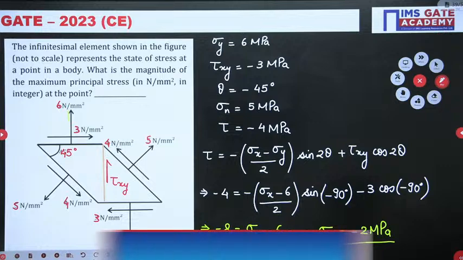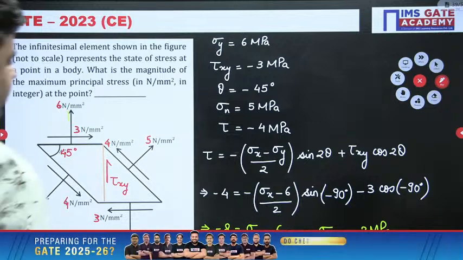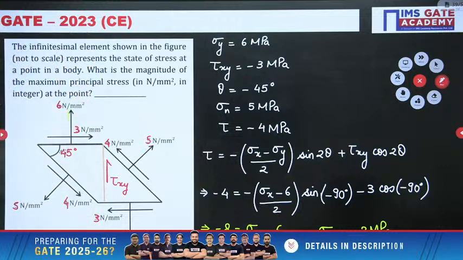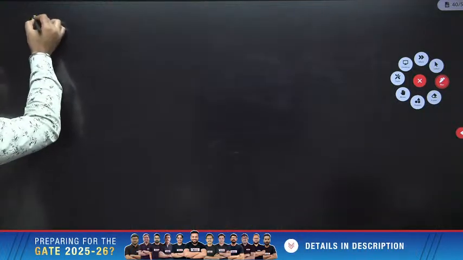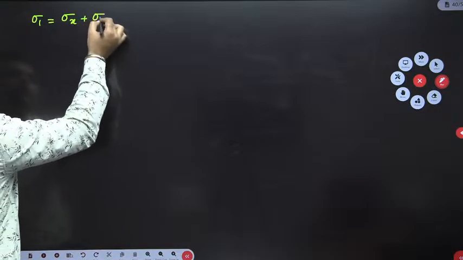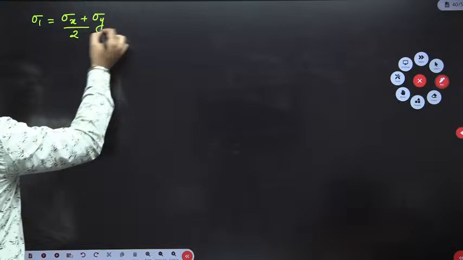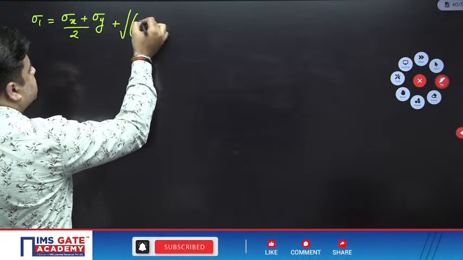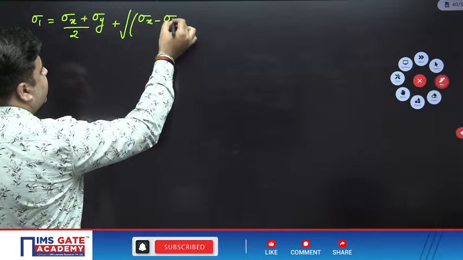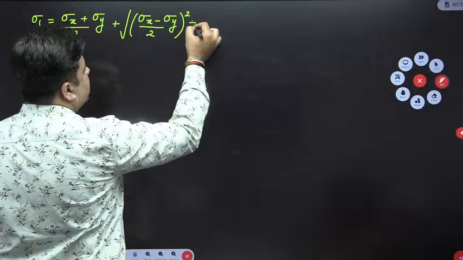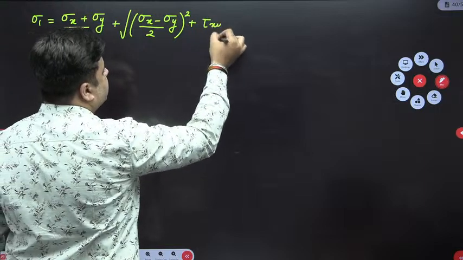Okay. Now once you got the value of sigma x, you can find out the value of maximum principal stress, that is sigma 1. So sigma 1 is equal to sigma x plus sigma y by 2 plus under root of sigma x minus sigma y by 2 the whole square plus tau xy square.